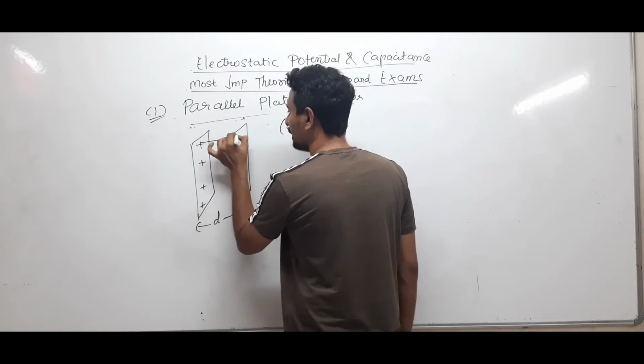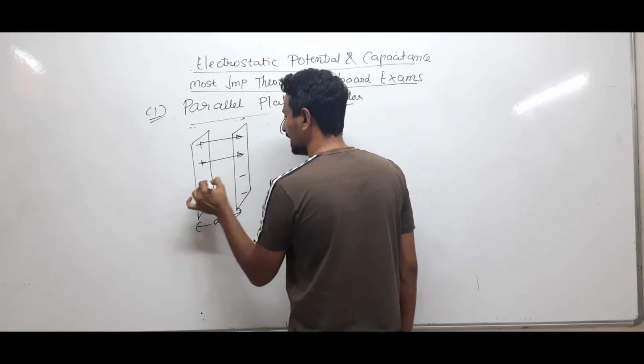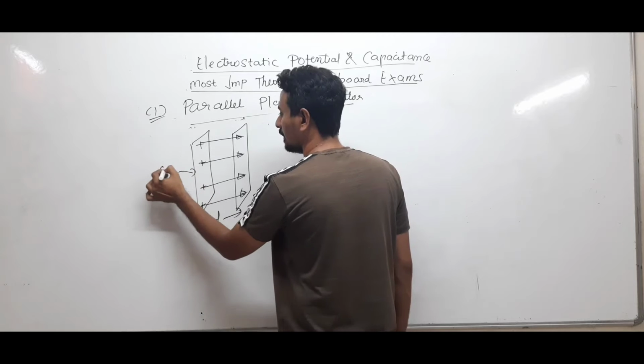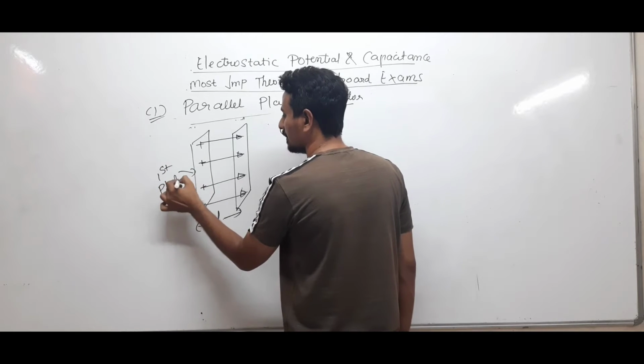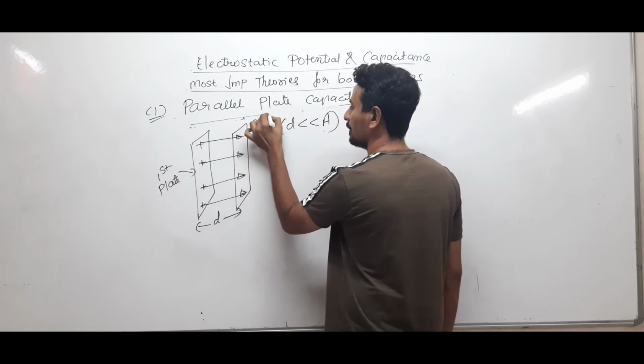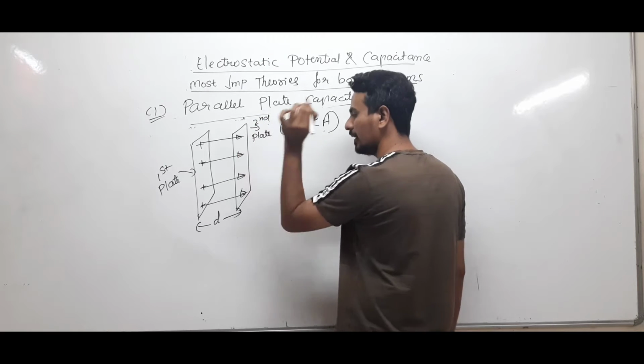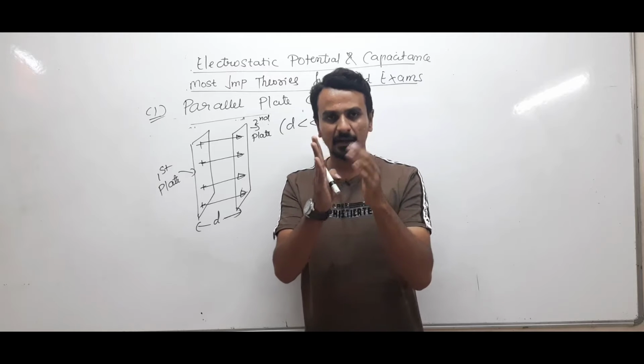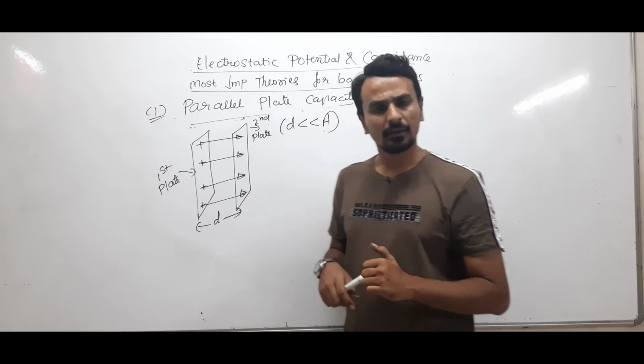The electric field will be from plus to minus. This is your first plate, this is your second plate. Of course, the distance between the plates is kept very small compared to the area.